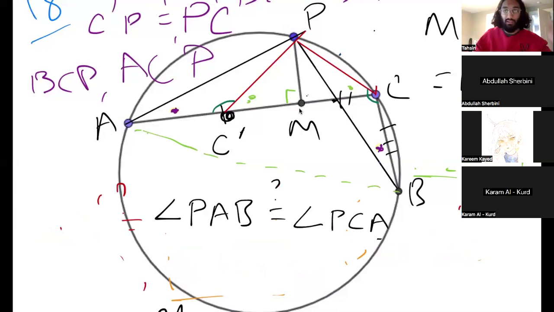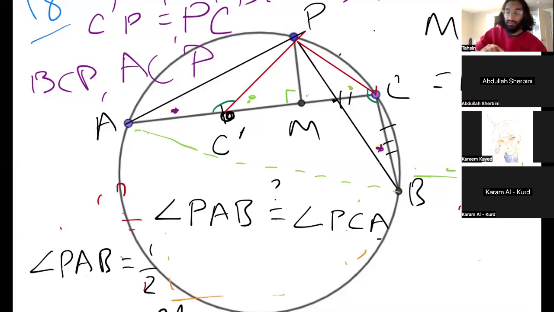This is what we understand. PAB and PCA are the same, right? And the point is, PAB is half of the arc PB. Does that make sense?